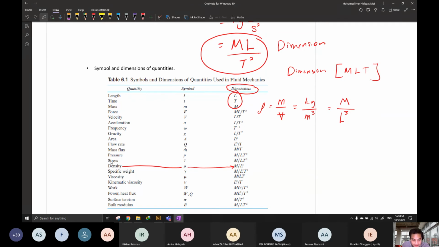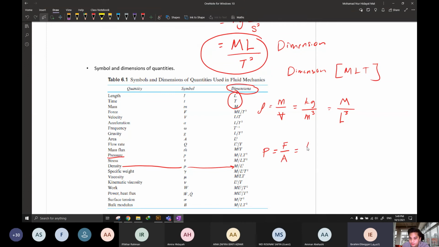For example, pressure. What's the pressure? Force per area. What's the unit of force? Anyone? What's the unit of force? Newton.